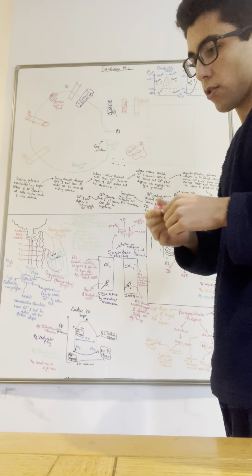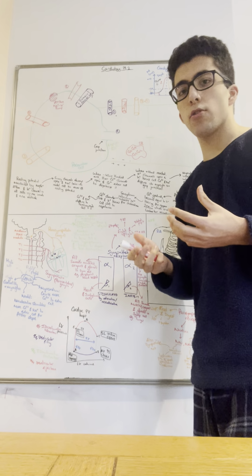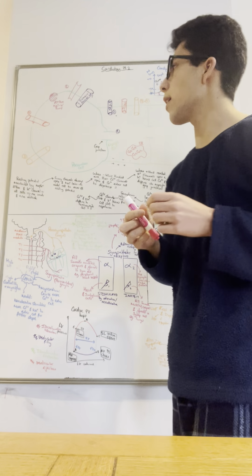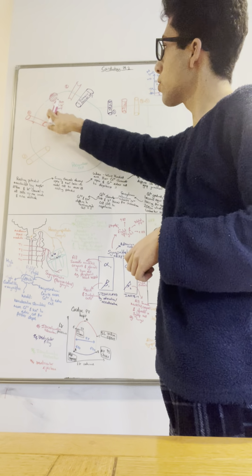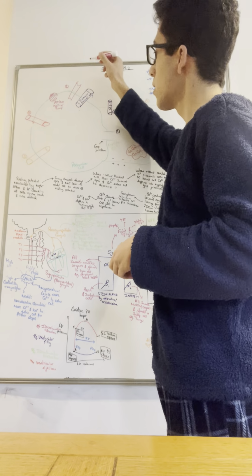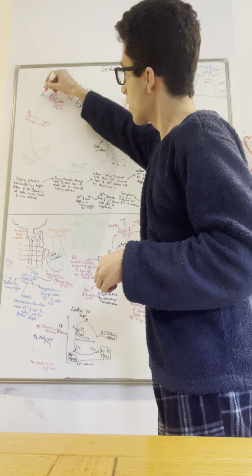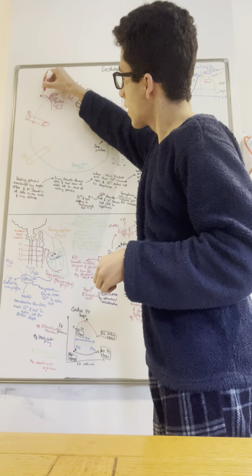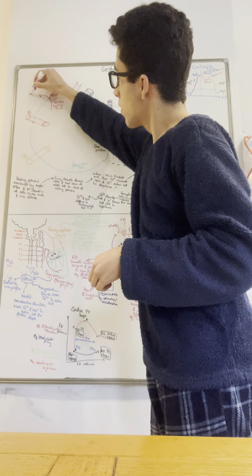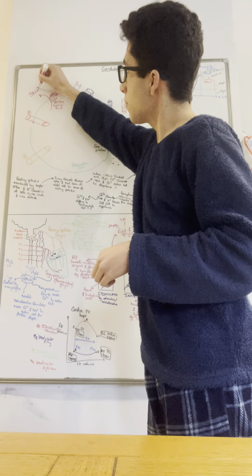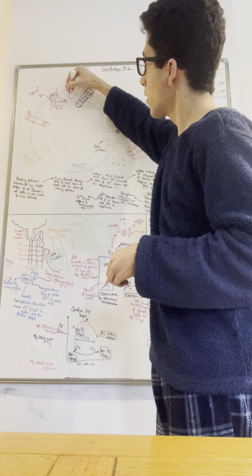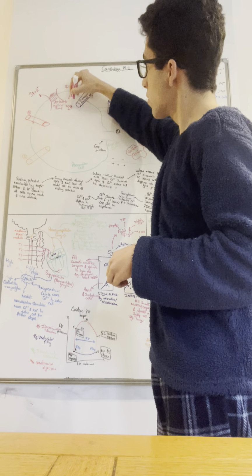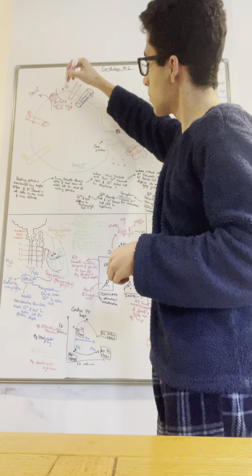Okay, so how do we get this resting potential? This is the same in every cell. So we have our ATPase sodium potassium pumps. What they do is they kick out 3 sodium and they bring in 2 potassium.